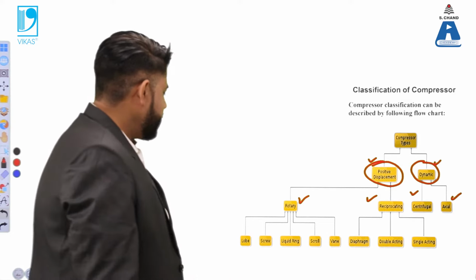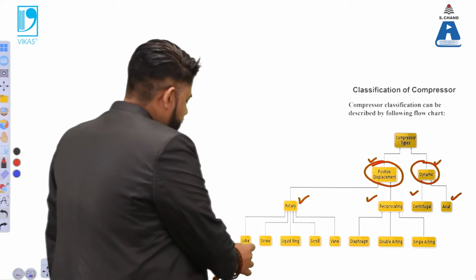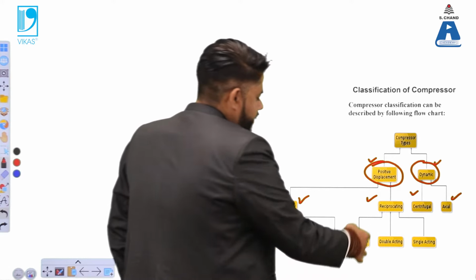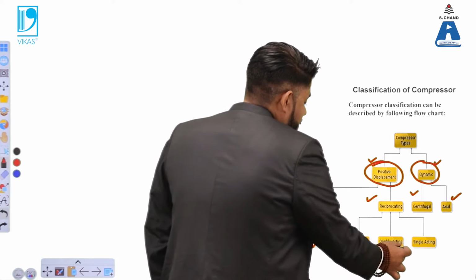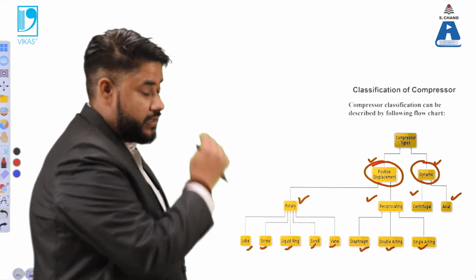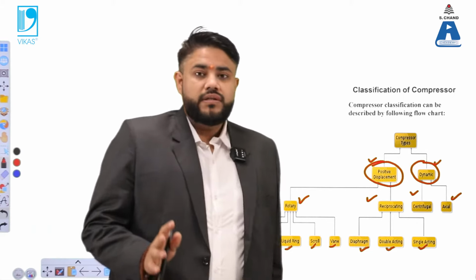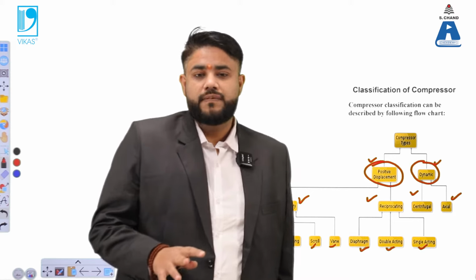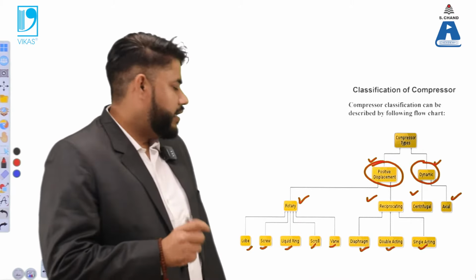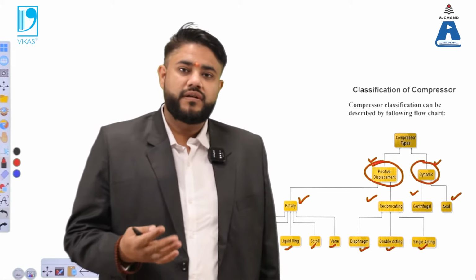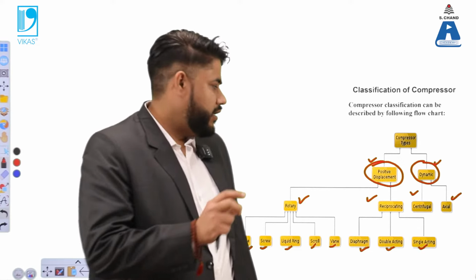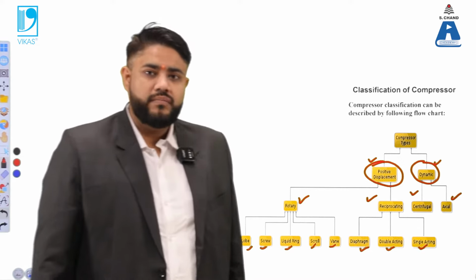Rotary compressors are categorized as lobe type, screw, liquid ring, scroll or vane, and reciprocating compressors include diaphragm type, double acting and single acting types. As per the AICTE model syllabus, you have to study reciprocating compressors, so we will deal with reciprocating compressors in detail, and in brief we will study rotary compressors.